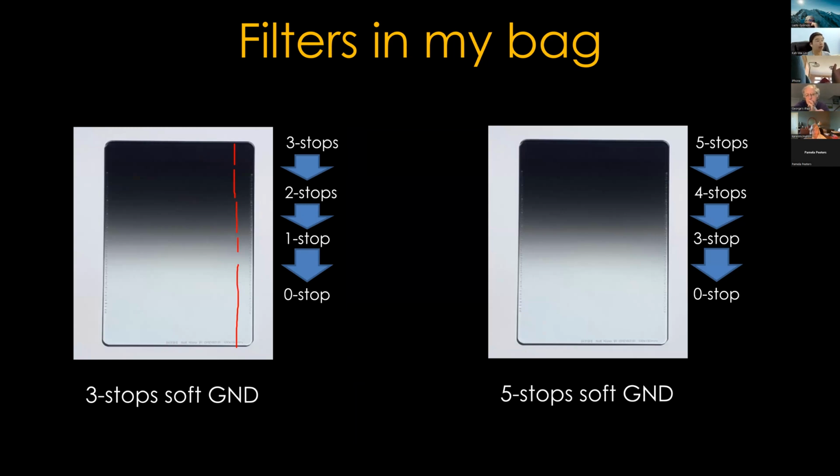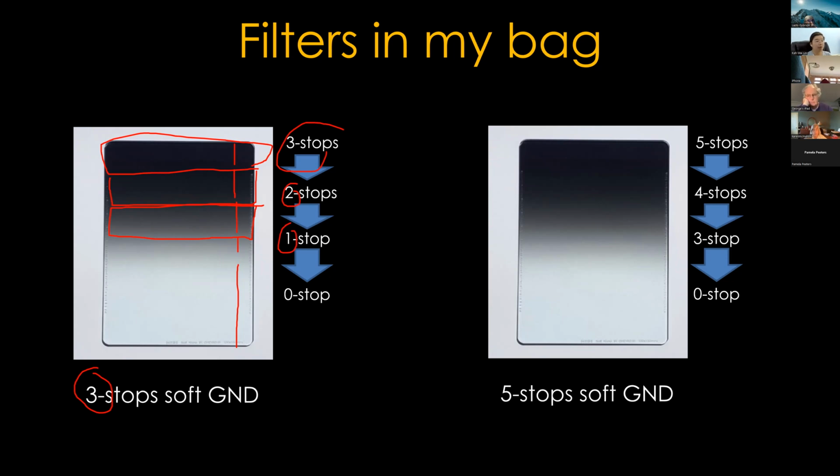So if you slide your filter up and down in your holder, if you push it all the way down, you can use it to handle 3-stop. If you push it up a little bit, you can handle 2-stop. If you push it a little bit more, you can handle the contrast of 1 stop. So a 3-stop GND can serve to reduce the contrast of 3, 2, and 1 stop.